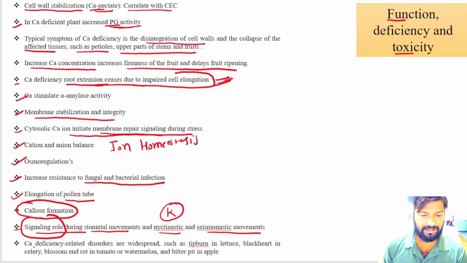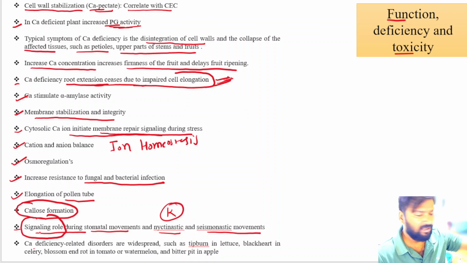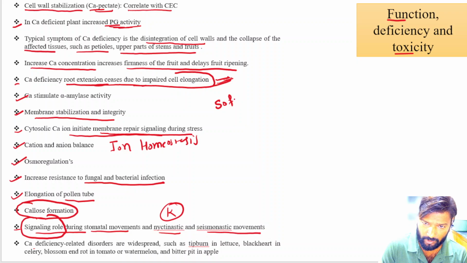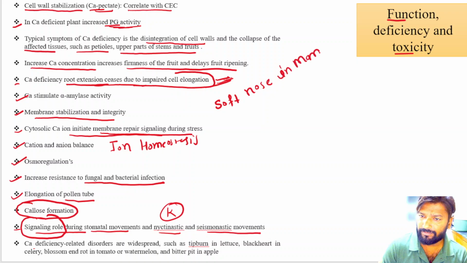Okay, and calcium deficiency related disorders are like blossom end rot in tomato or watermelon, black heart in the celery, and the bitter pit in the apple. So this is very important for the exams. Like they can ask any question. Like also there are some diseases like soft nose in mango.